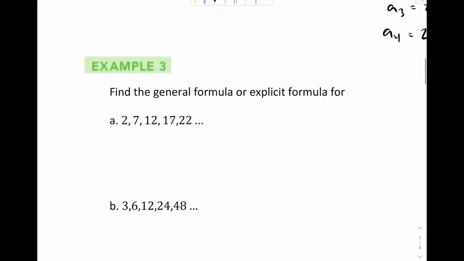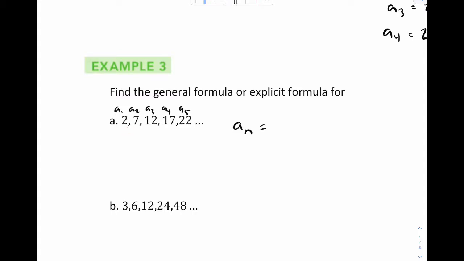Now for the final part, just find the general formula or explicit formula for this given sequence. So now it's saying, there's my first term, second, third, fourth, fifth. Make a formula. So for now, you're going to practice your intuition.